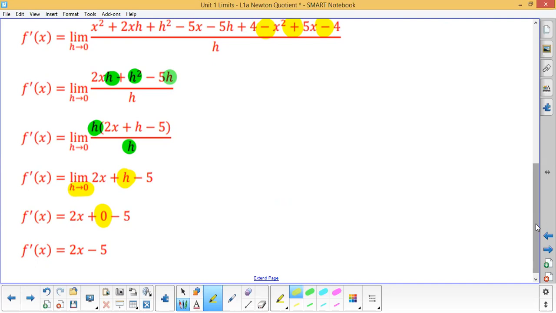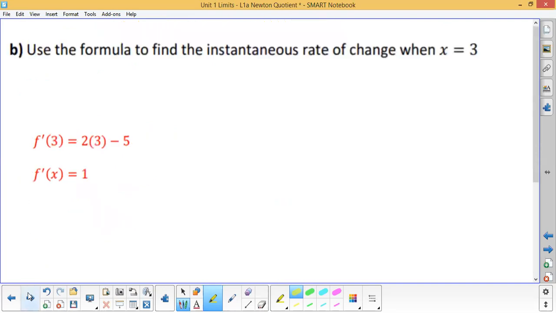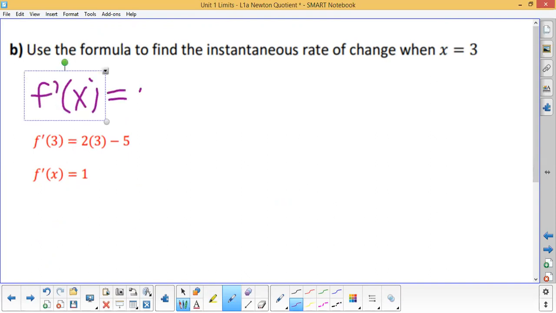Now we can use this derivative formula to solve for the instantaneous rate of change at exact points along the curve. So for example, if we've been asked to use the formula to find the instantaneous rate of change when x is equal to 3, I'm going to first write down my equation. The derivative is f prime of x is equal to 2x minus 5.